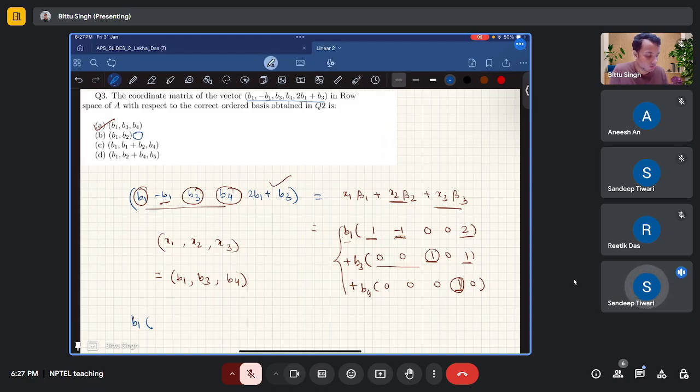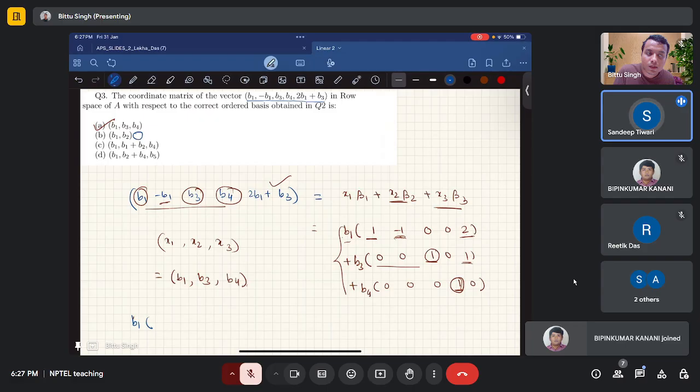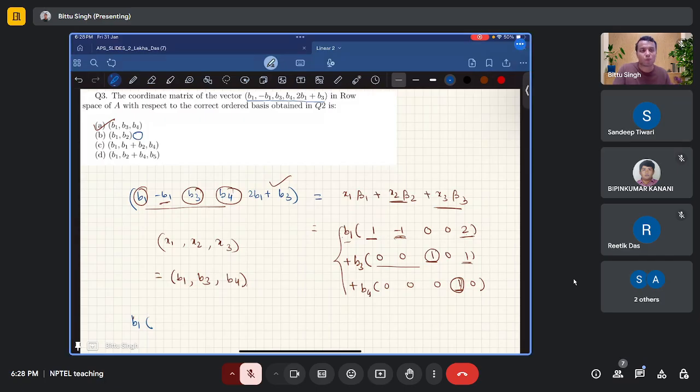Sir, so it is a 1 cross 3 matrix. Yes, the order of the coordinate matrix should be 1 cross 3.